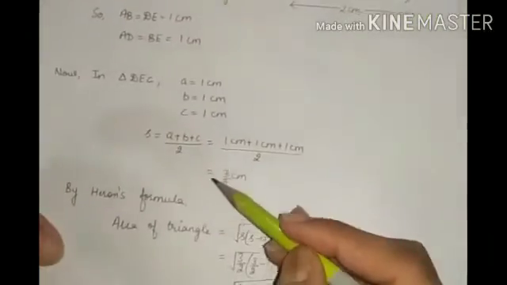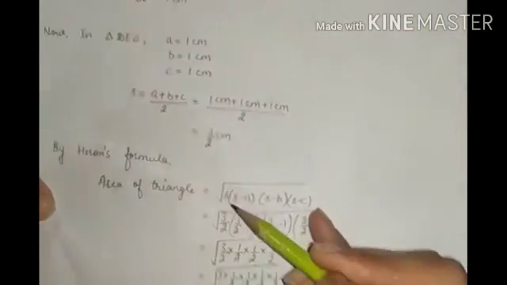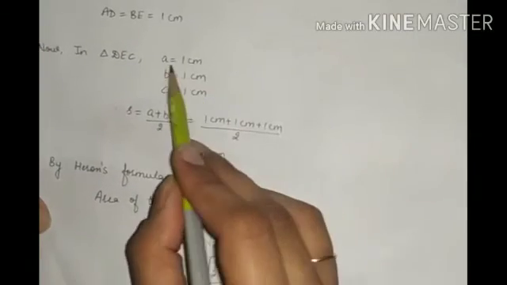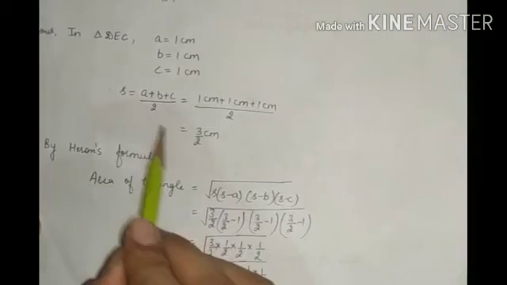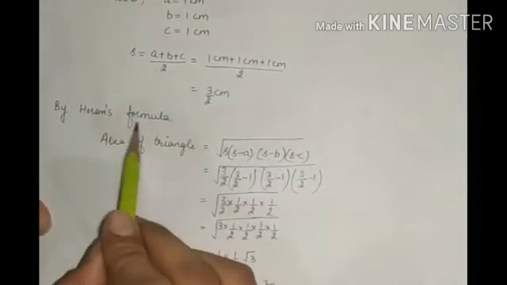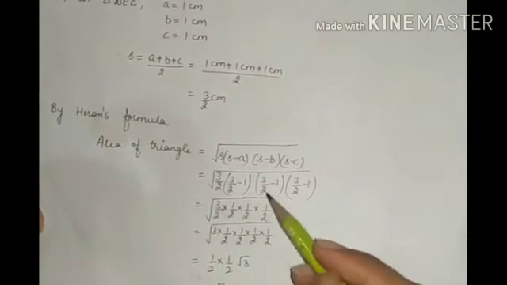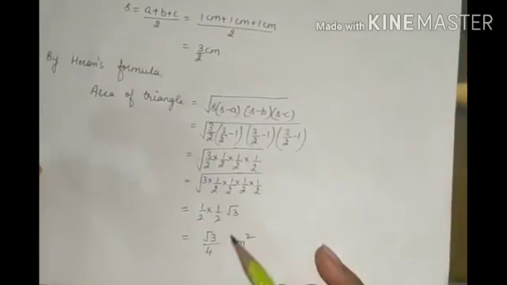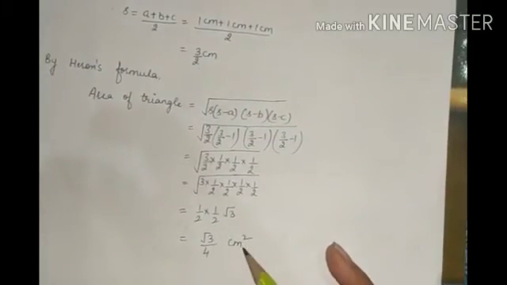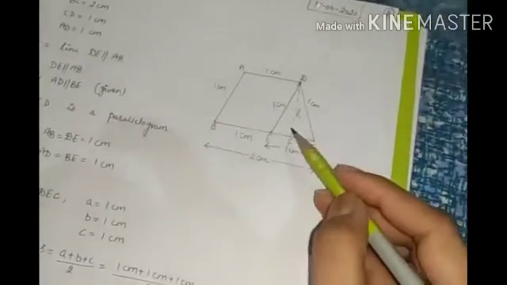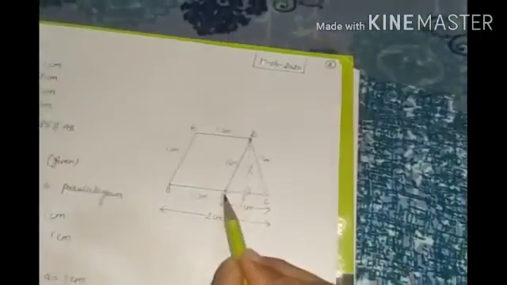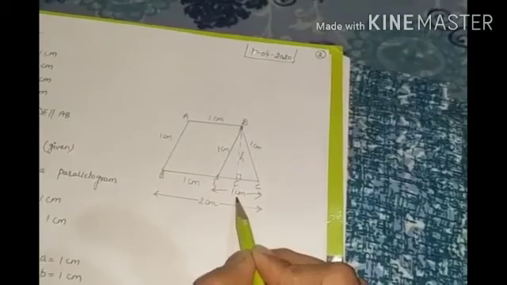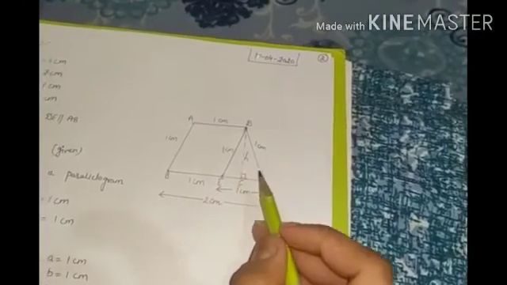So we will apply Heron's formula to find the area of the triangle. In this, all the three sides are 1 centimeter. Find the semi-perimeter, then apply Heron's formula to find the area of the triangle, that is root 3 by 4 centimeter square. Now in this, if the area of the triangle is root 3 by 4 centimeter square and base EC is 1 centimeter, we can find the height.